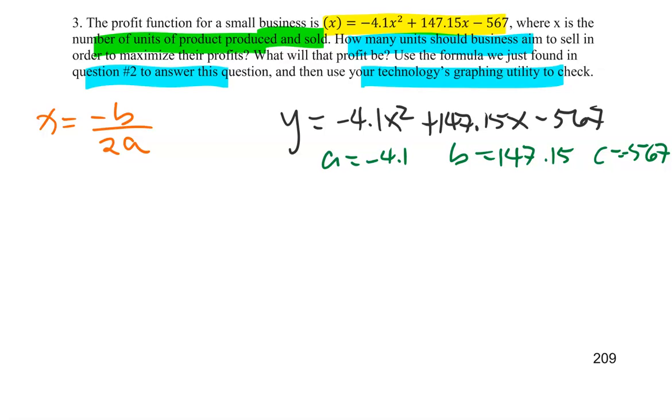So let's solve for our x. Substitute your b, which is 147.15, over negative 2 times negative 4.1, and we simplify this, use your calculator, and it's approximately equal to 17.95.